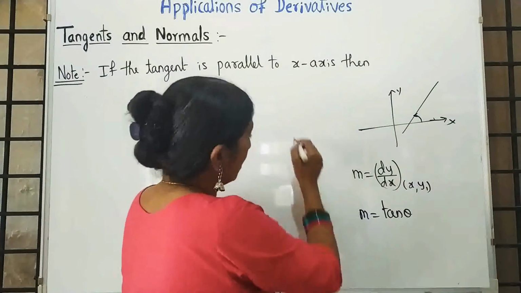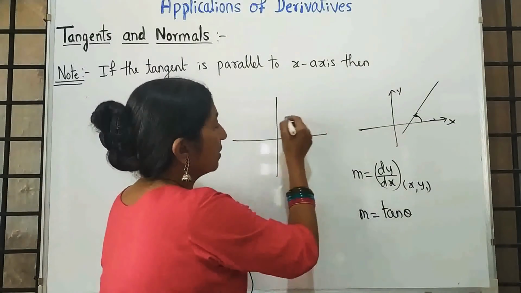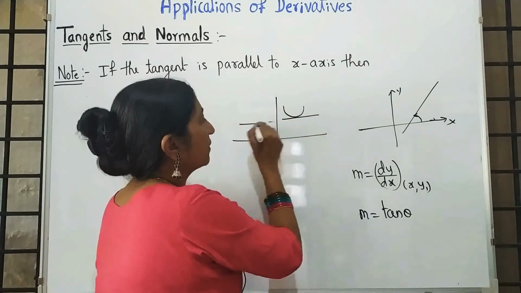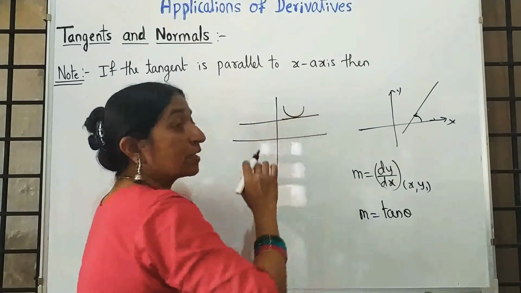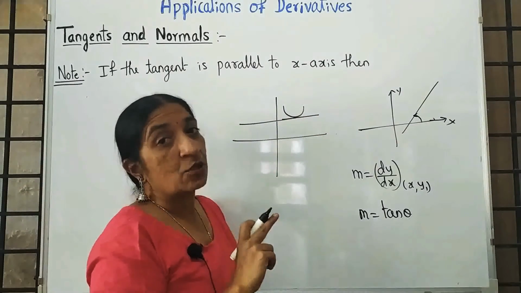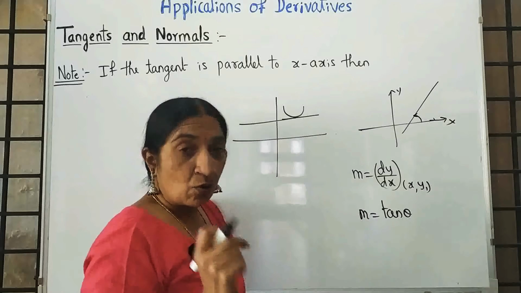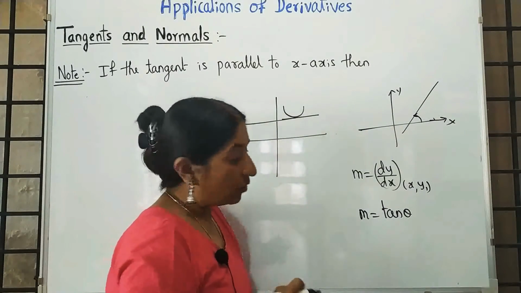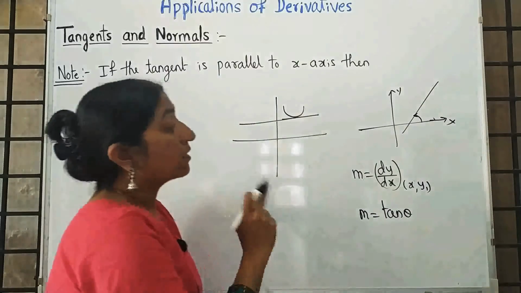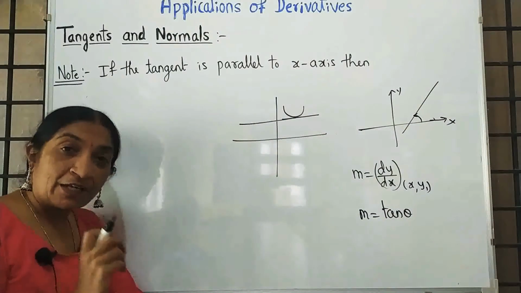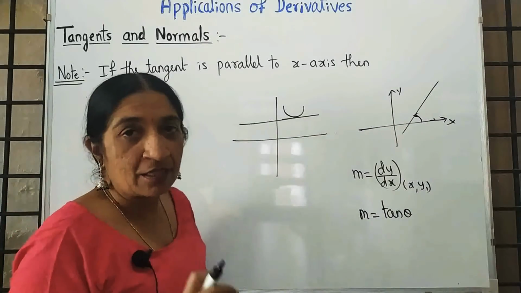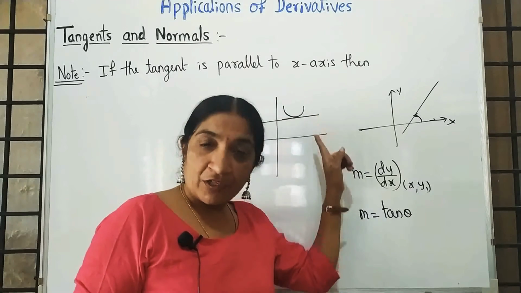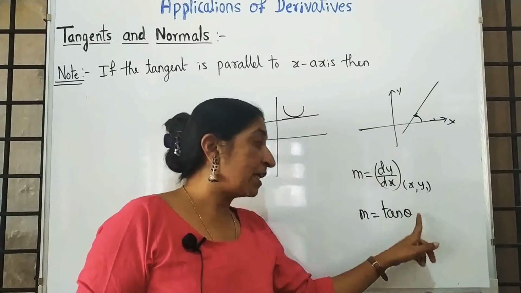See, if the tangent is parallel to x-axis, this is a curve, and this is a tangent, parallel to x-axis. Parallel to x-axis means there is no angle between the tangent and the x-axis, that means theta is 0.